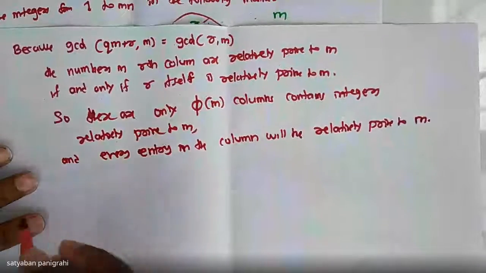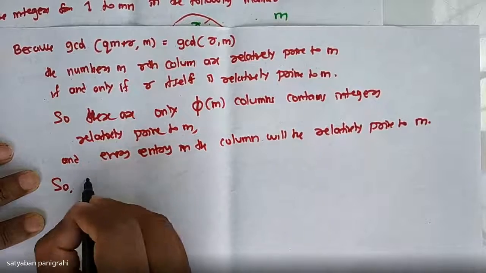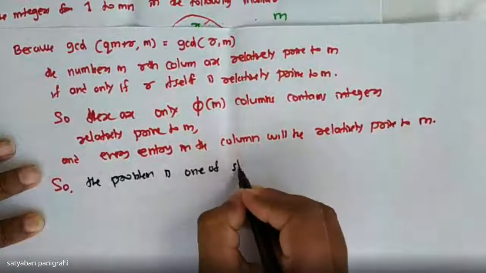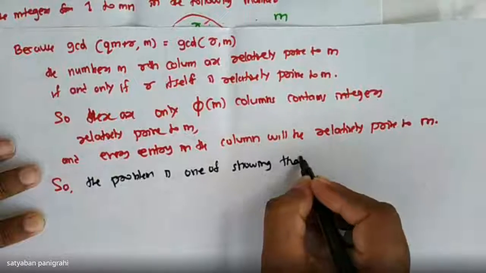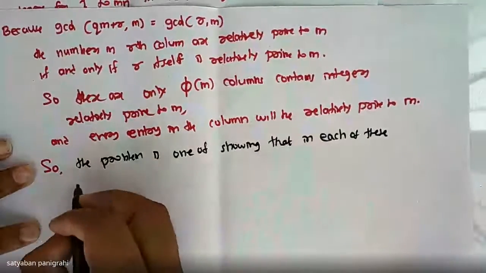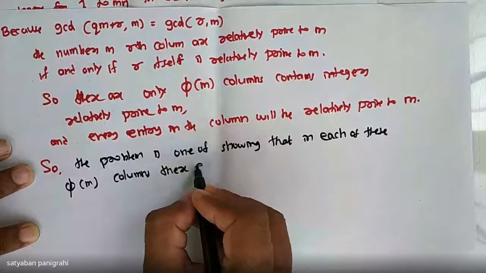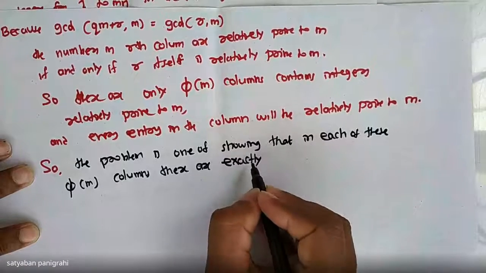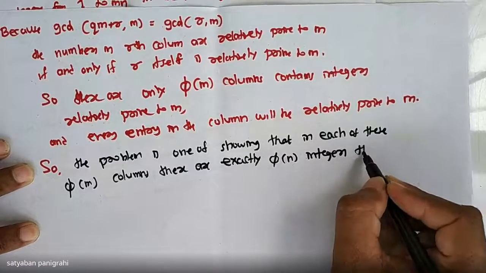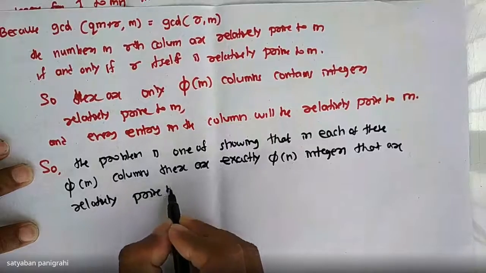So you can say the problem is one of showing that in each of these phi of m columns there are exactly phi of n integers that are relatively prime to n.